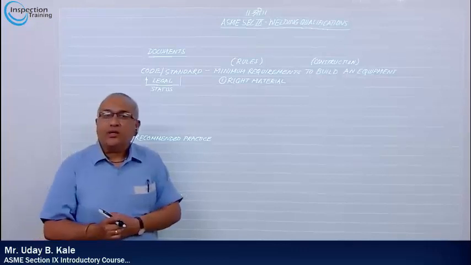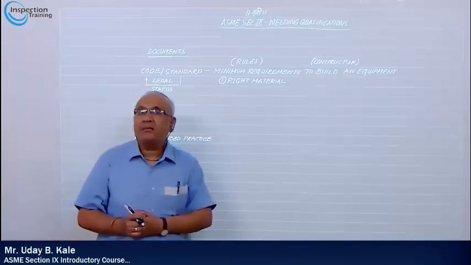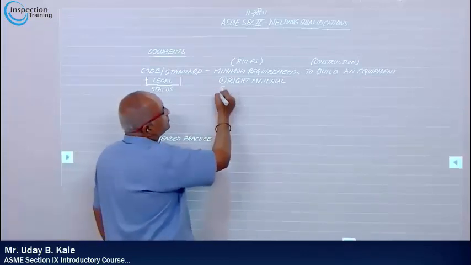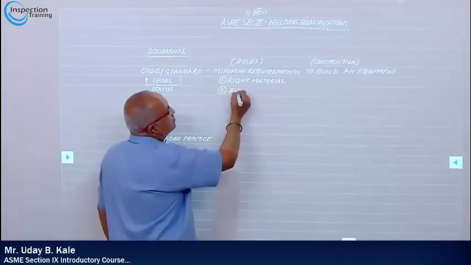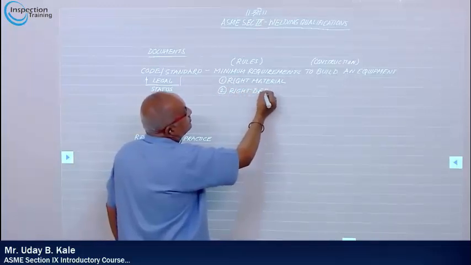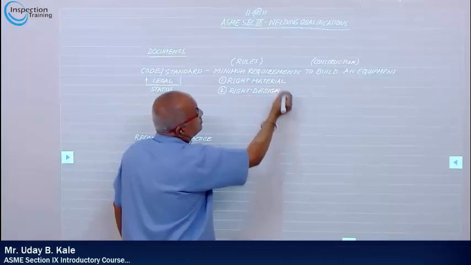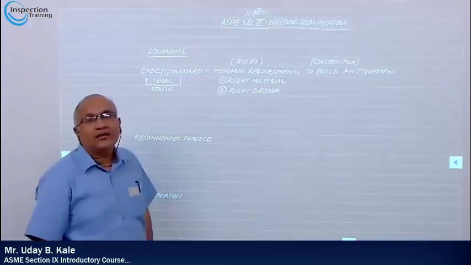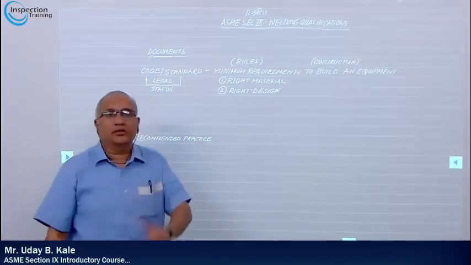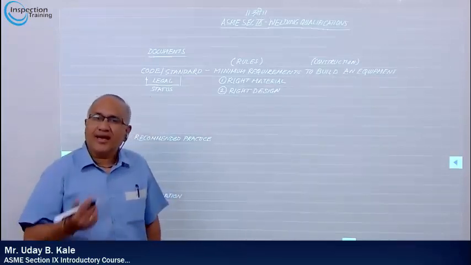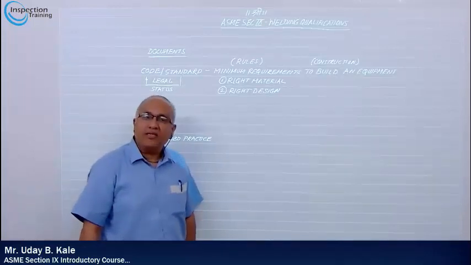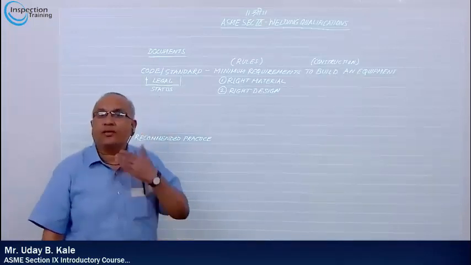You need to have a design methodology, and this is where the second part comes. Right design. Mostly all the construction codes give how to design the pressure vessel, tank or a piping system. So they give you formulas.